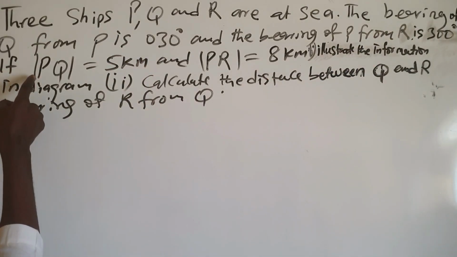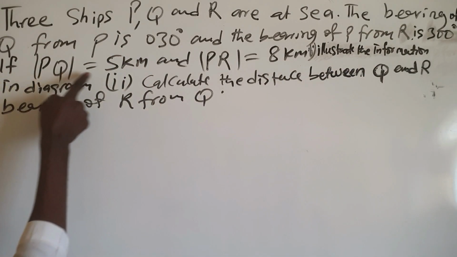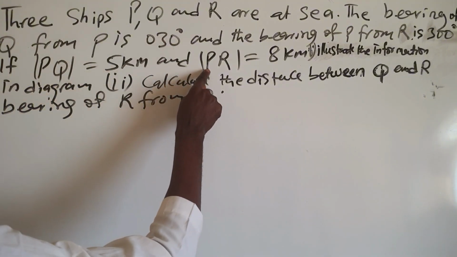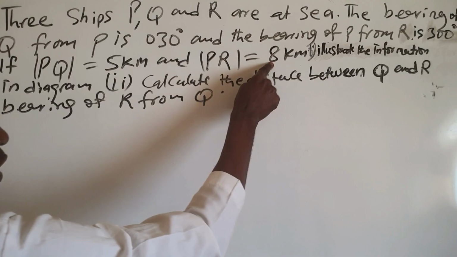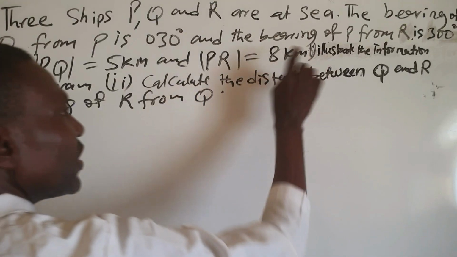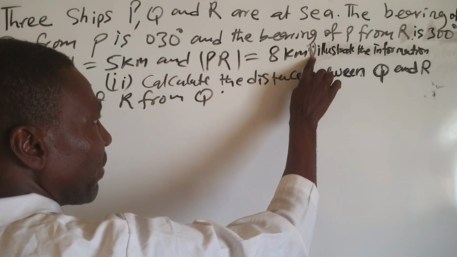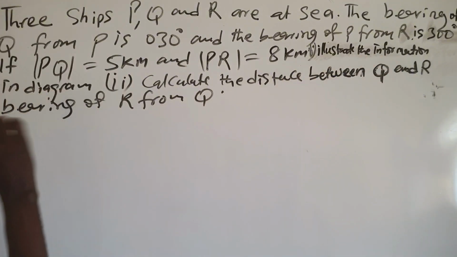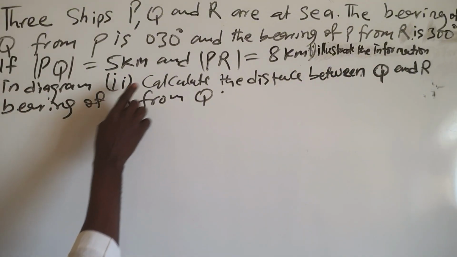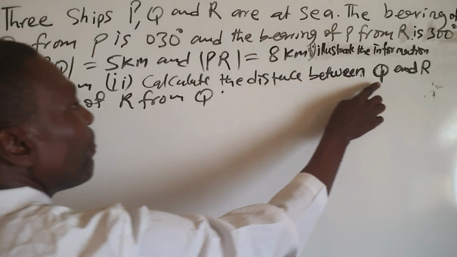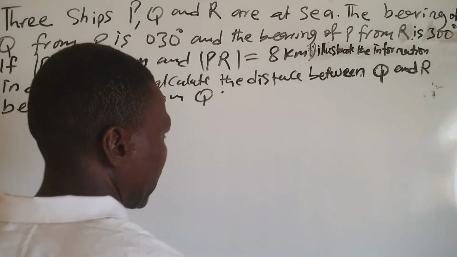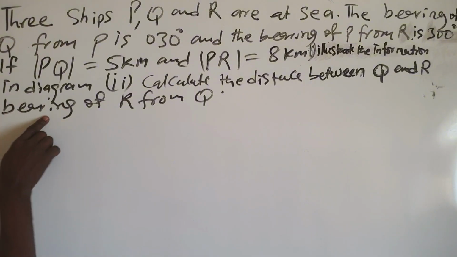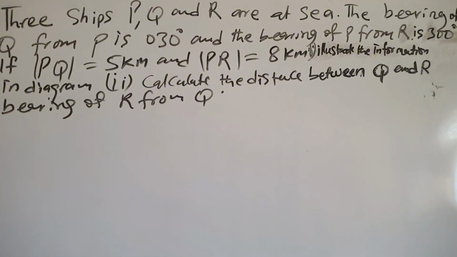If the distance between P and Q is equal to 5 kilometers, and the distance between P and R is equal to 8 kilometers, question number 1 says illustrate the information in a diagram. Question number 2 says calculate the distance between Q and R. Then question number 3 says calculate the bearing of R from Q.